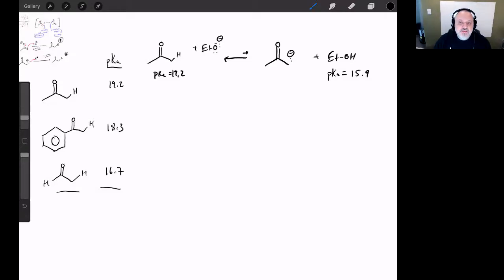Remember, an acid-base equilibrium will favor the side of the reaction that has the weaker acid, which is there. And so this is true even if we're talking about a very specific aldehyde, acetaldehyde, and its proton.